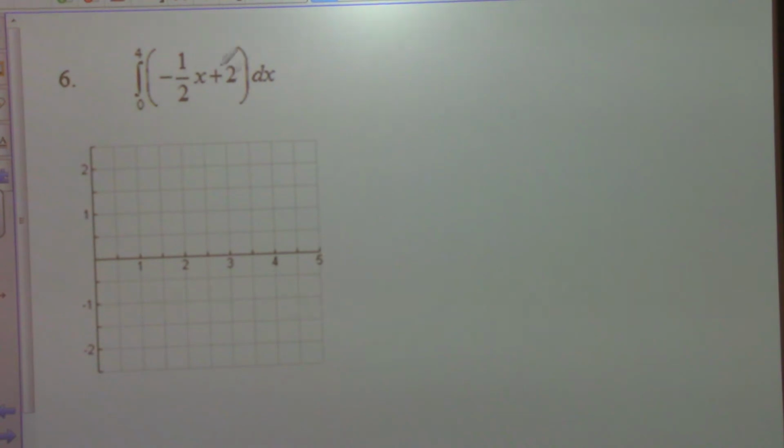Okay, now this one here, what is this one going to look like? Well, it's going to look like this, right? Now our y-intercept of this one is 2, right? And what is our rise over run? Negative 1 over 2.